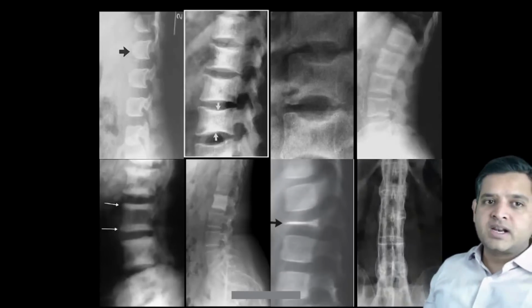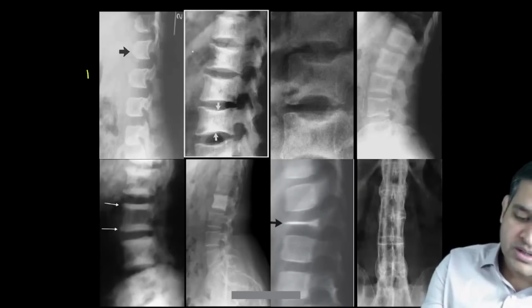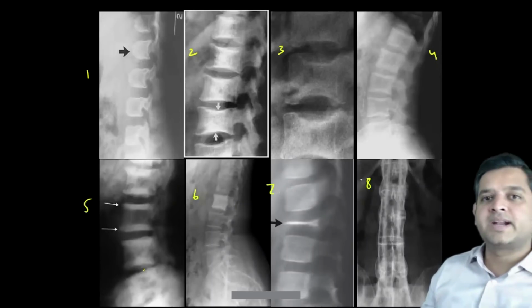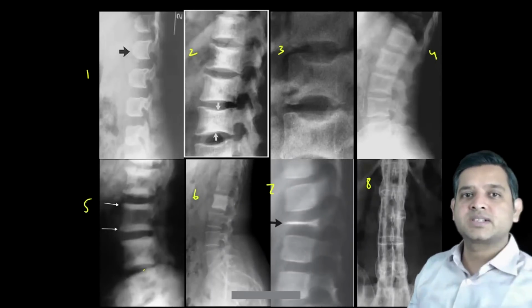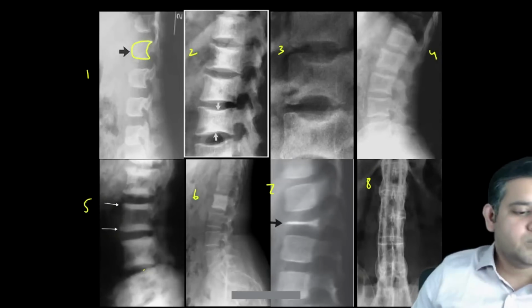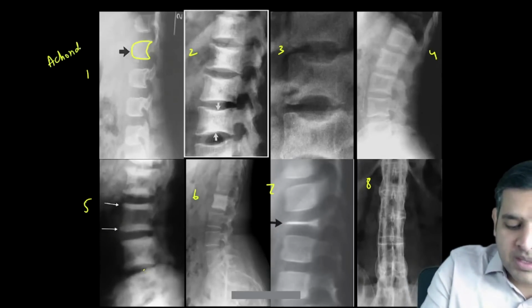Similar to the shape of skull, as we have discussed, shape of vertebrae are also important. So 1, 2, 3, 4, 5, 6, 7, 8. So quickly write it. Then what do you think are the answers? What is this? Bullet shaped vertebra seen in achondroplasia.